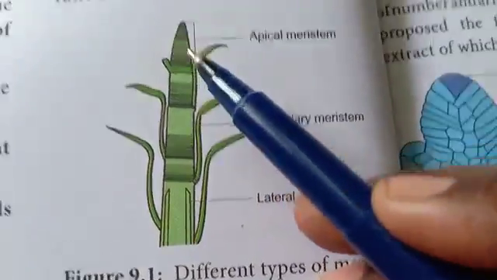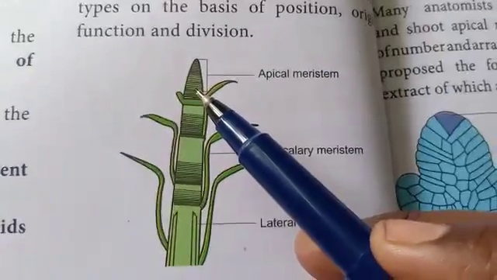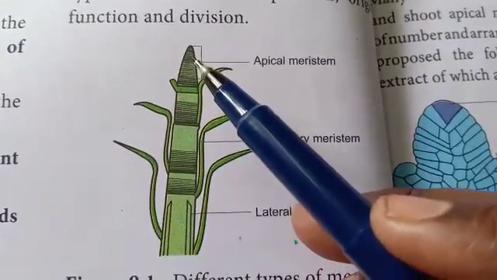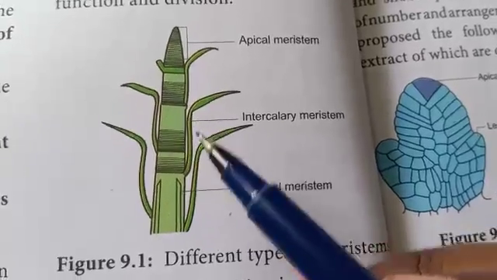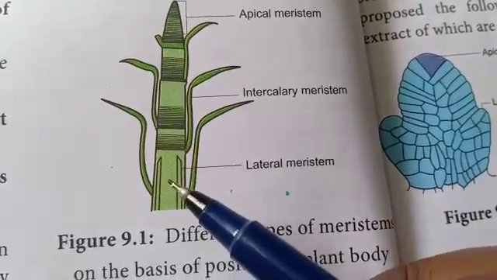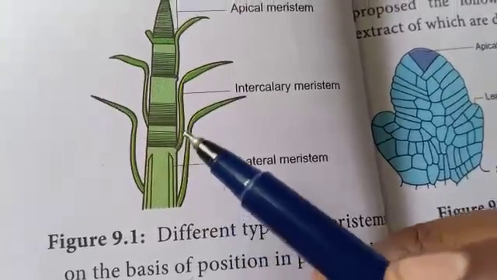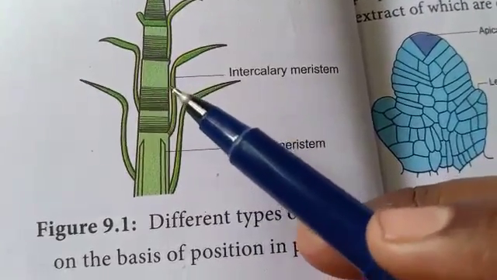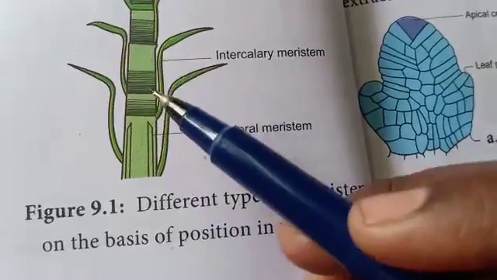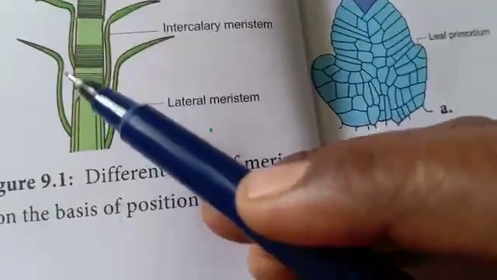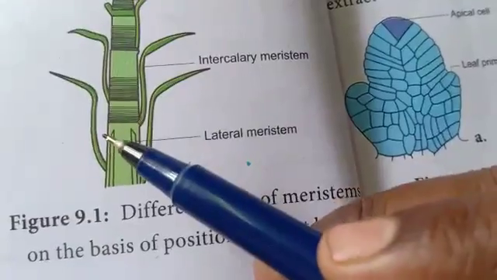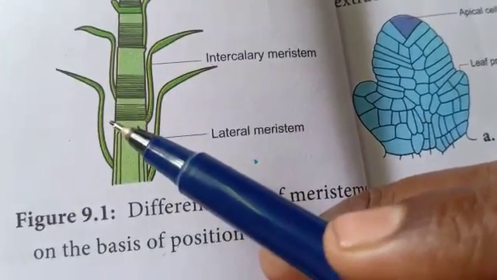Apical meristem is that which is present on the top, the tip region. And this lateral is in between. You can see in the nodal region you can find the lateral. And this intercalary you can find in between the nodal region. So these are the three types of meristematic region.